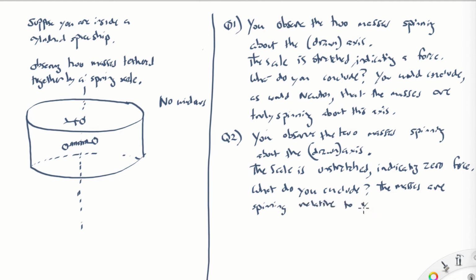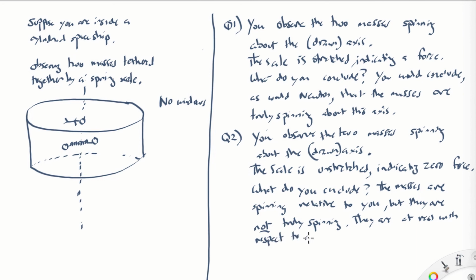They're in relative rotation, but they are not truly spinning. That is, they are at absolute rest, or at rest with respect to absolute space. They are truly at rest.